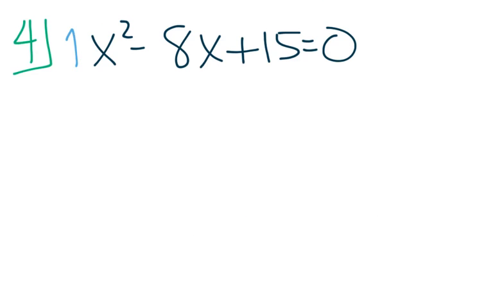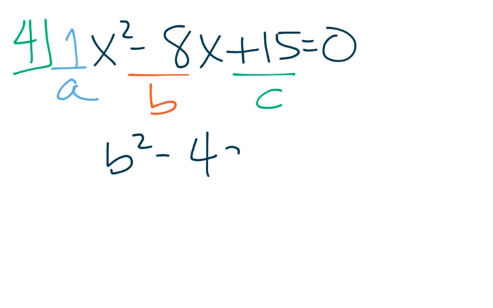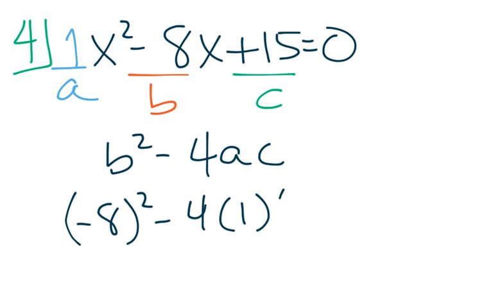Now we have x squared minus 8x plus 15, so negative 8 is b, and positive 15 is c. We are going to use b squared minus 4ac. So we have negative 8 squared minus 4 times 1 times 15.